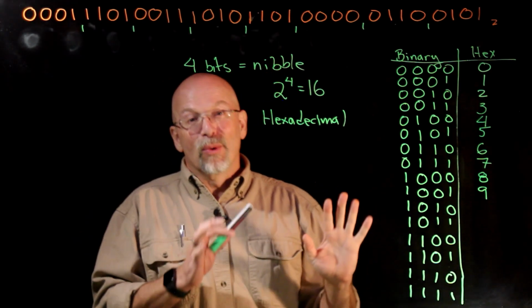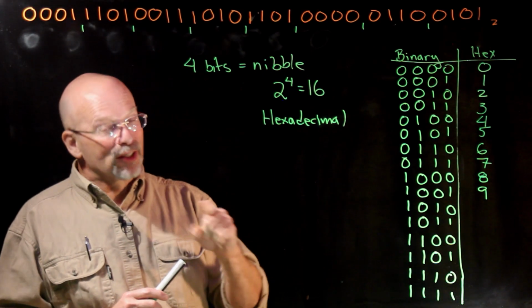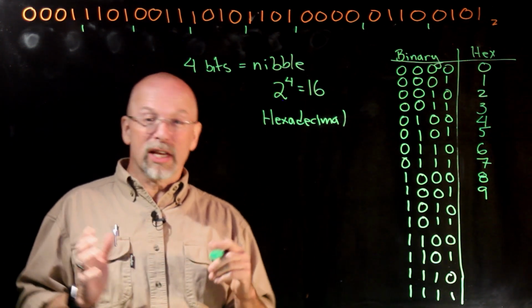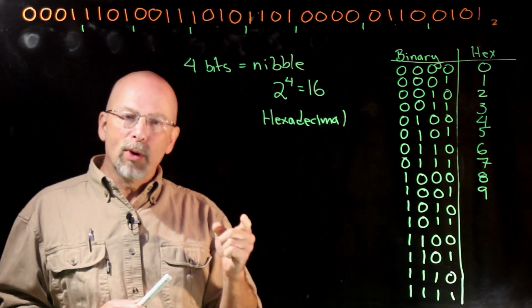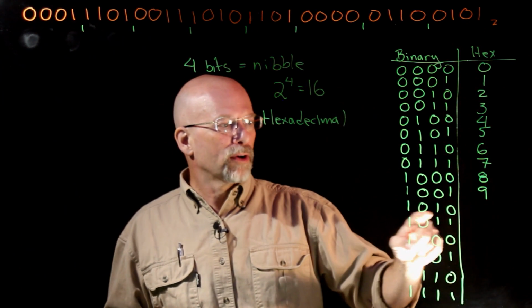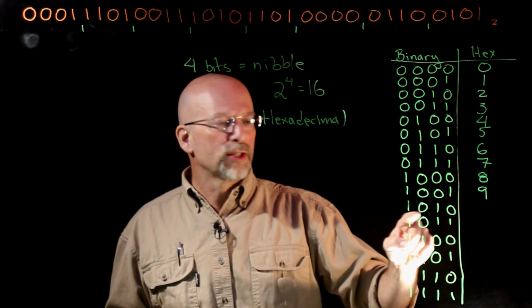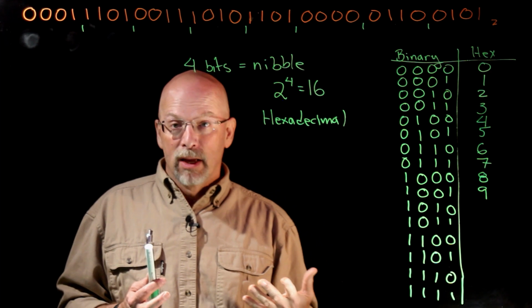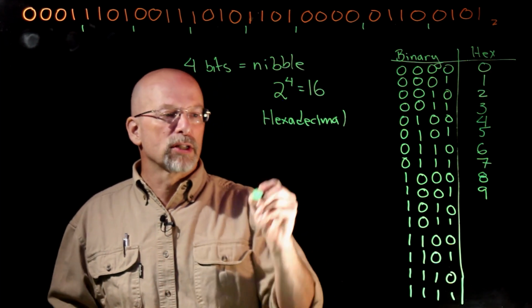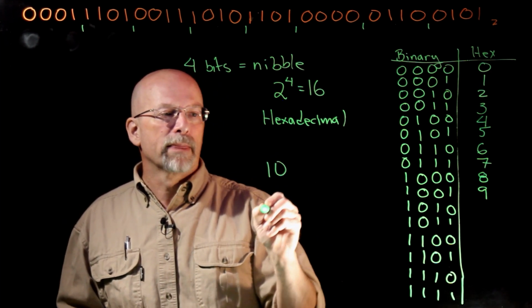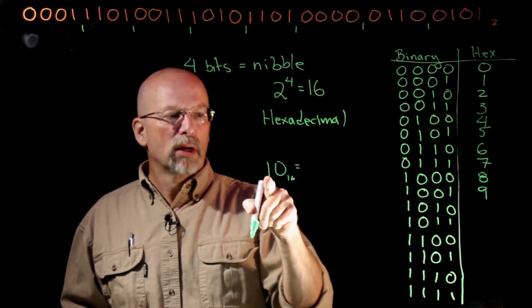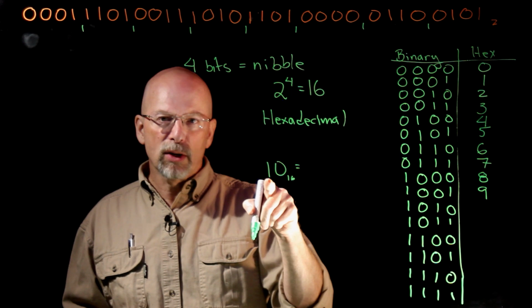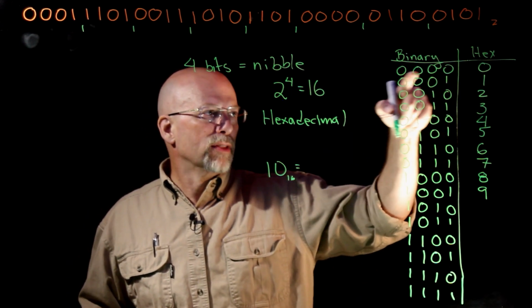Now, the rest of the digits, we can't continue to use decimal, because if we continued to use decimal, what would happen is this number, for example, 1010 is 8 plus 2, that'd be 10. Well, that takes up 2 digits, and so if I were to write 10 base 16, would this equal a digit 1, this nibble right here?